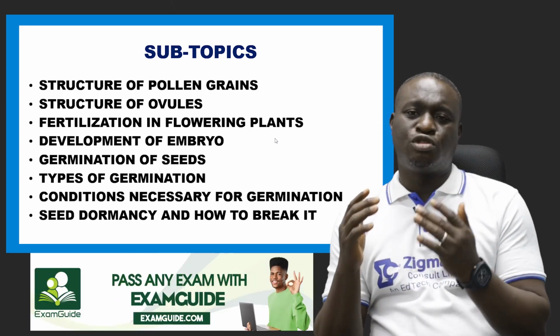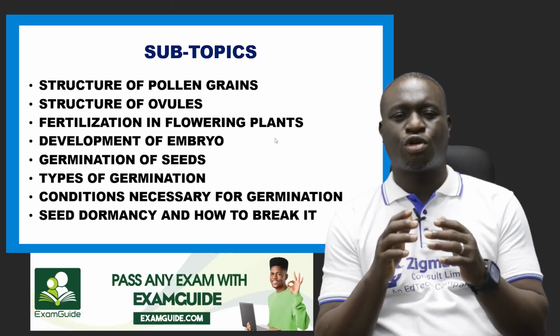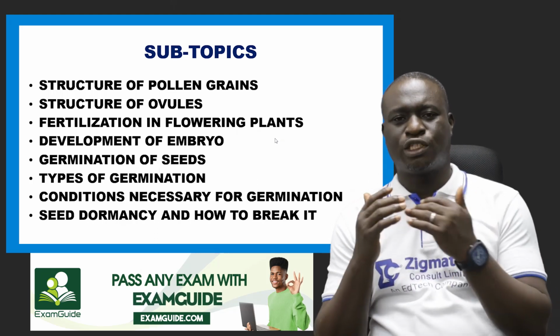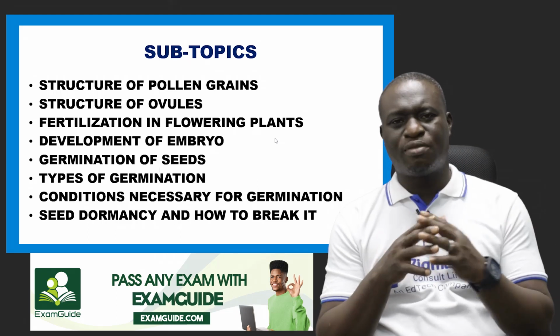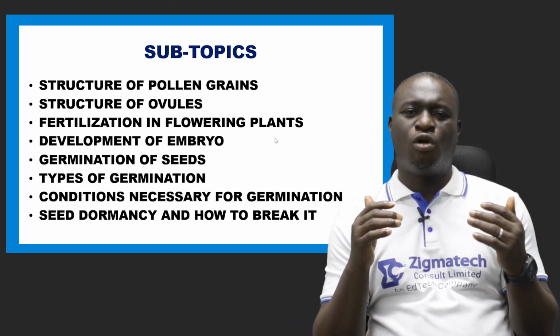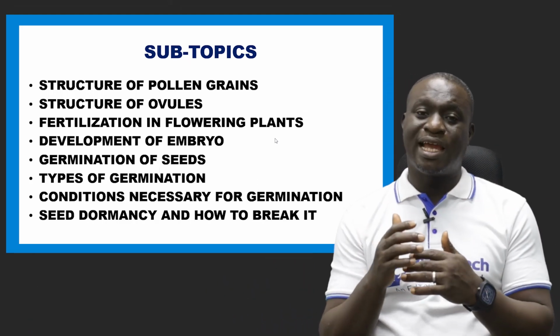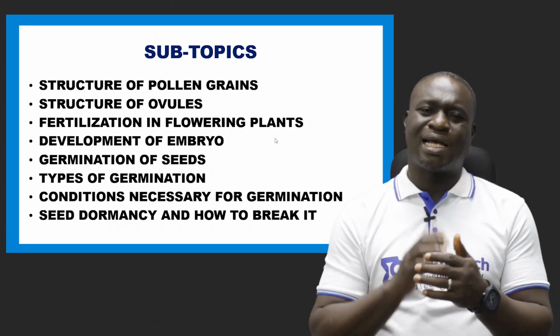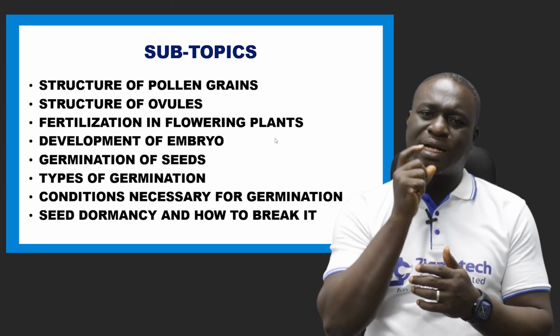Number two, we will be looking at the structure of the ovules. Let me take your mind back to what we discussed in our previous videos. We said that the ovules are located in the ovary of flowering plants, and the ovary is part of the carpels.